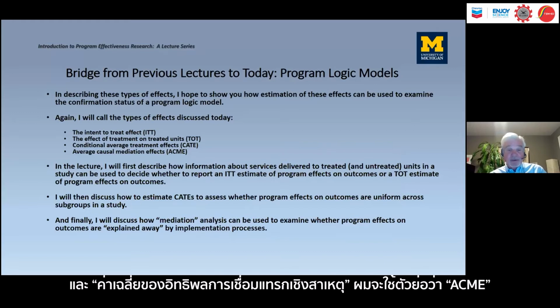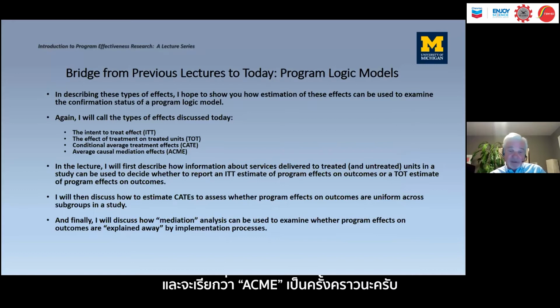And average causal mediation effects, I'm going to abbreviate that ACME, and I'm going to say it as ACME sometimes. So sometimes I'll use the full word, sometimes I'll just be using those little acronyms. What I'm going to do is first describe how information about services delivered to treated and untreated units in a study can be used to decide whether to report an ITT estimate of program effects on outcomes or a TOT estimate.